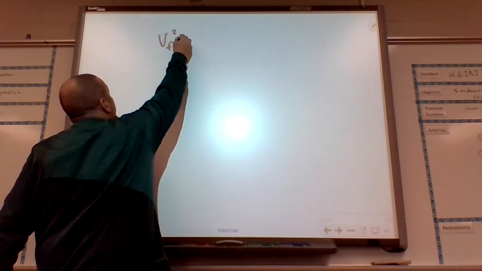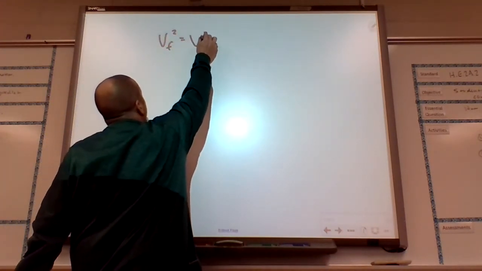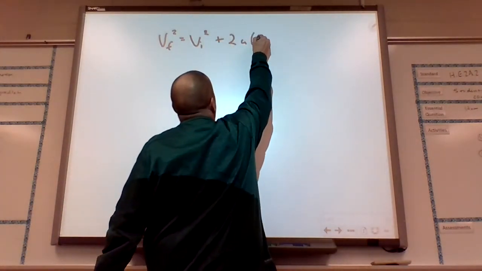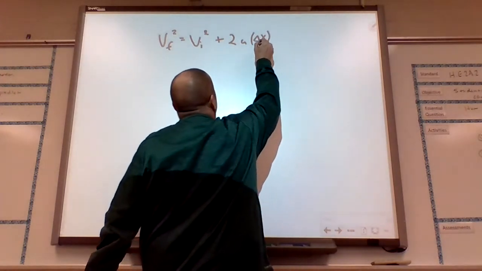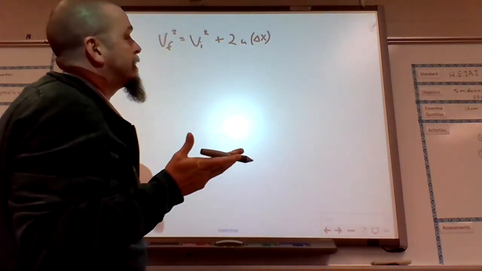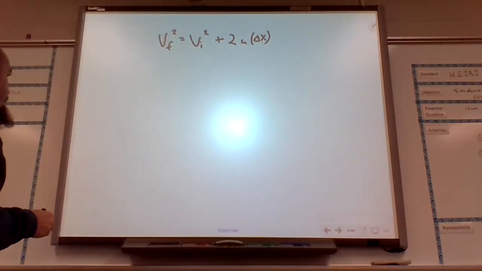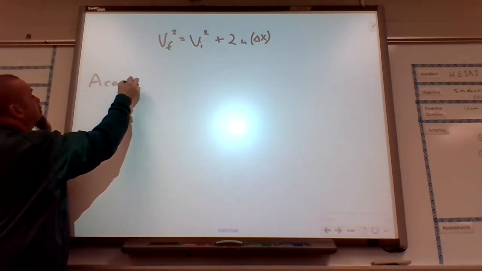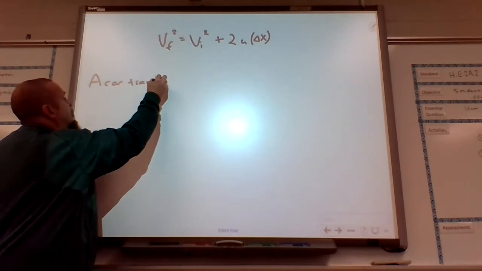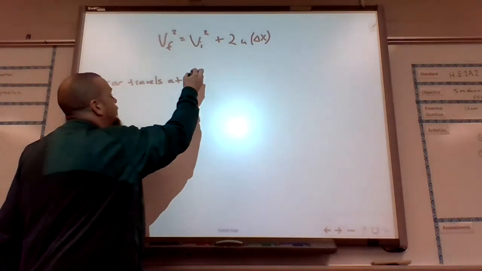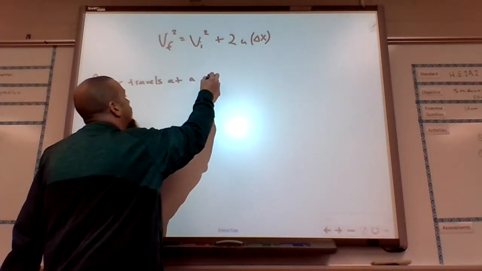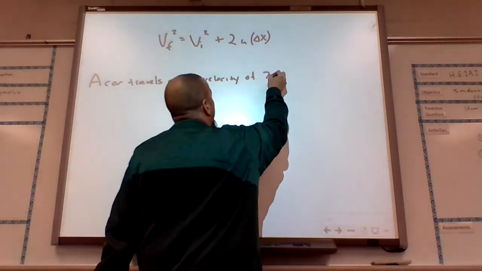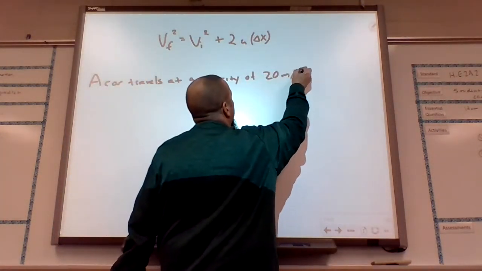VF squared equals VI squared plus 2A times delta X. And again, all the parentheses means it's times. So a car travels at a velocity of 20 meters per second.